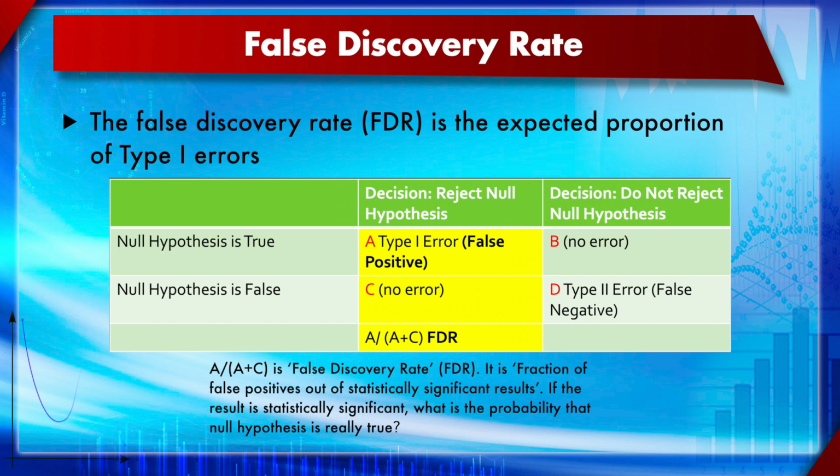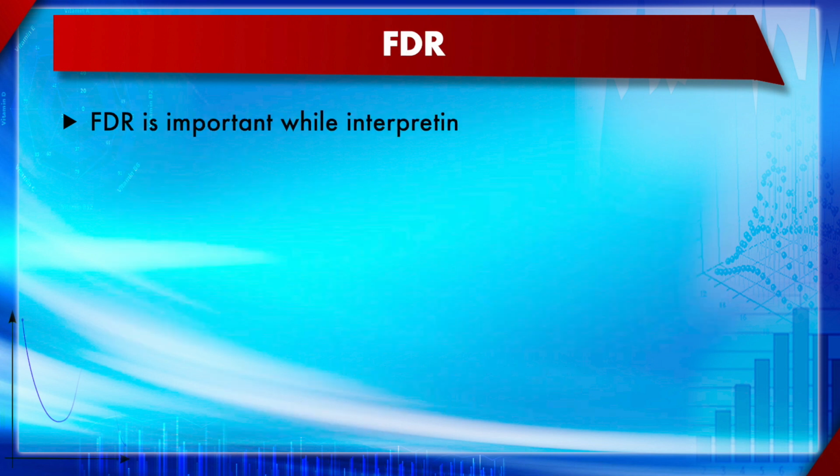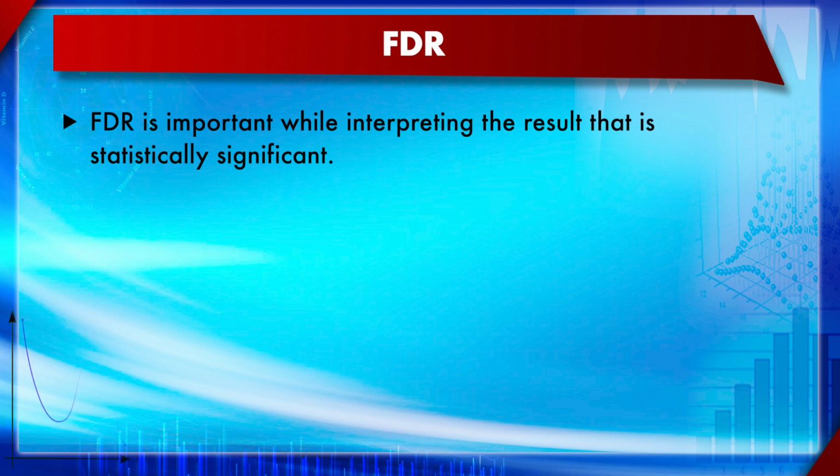It is the fraction of false positives out of statistically significant results. So out of all results which are statistically significant, how many are false? FDR quantifies the false positives in your findings. FDR is important while interpreting whether a result is statistically significant or not, so you have to look at the FDR as well.